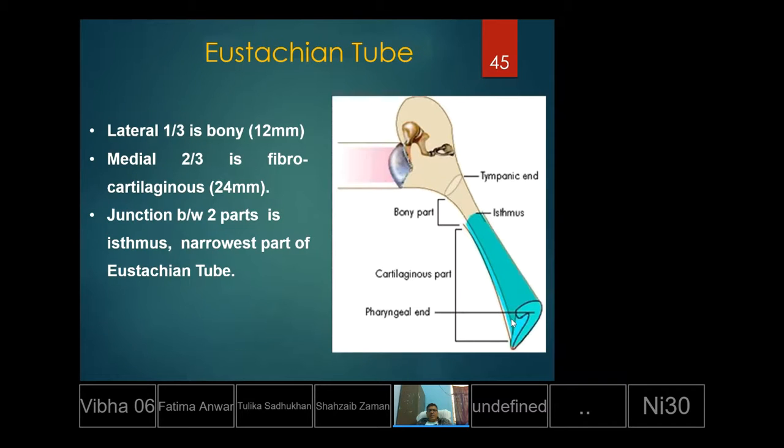The bony part is one third, about 12 mm, and the cartilaginous part is about 24 mm. At the junction of both parts, the tube is narrowest and is known as the isthmus.